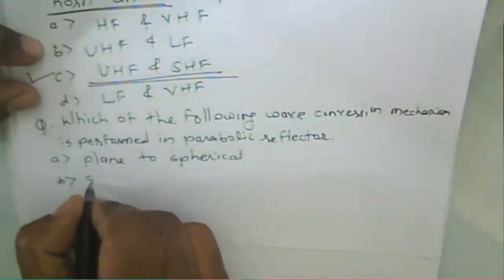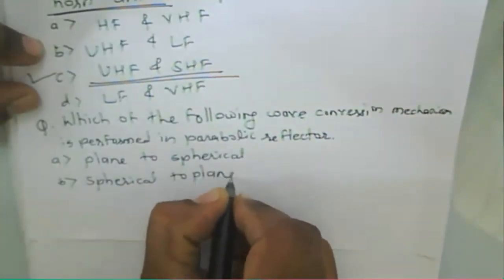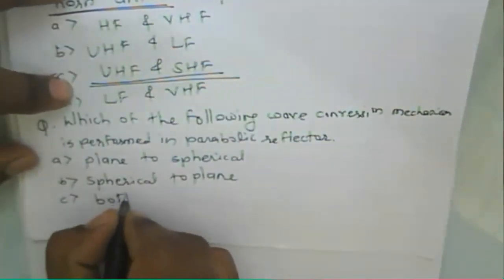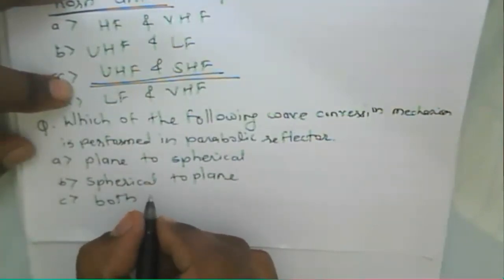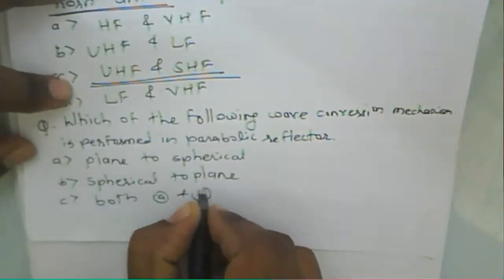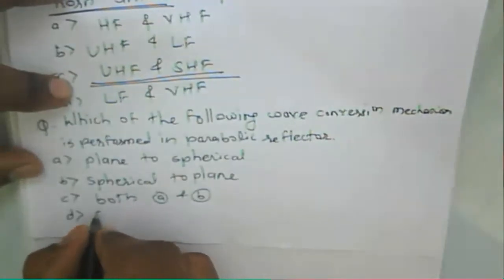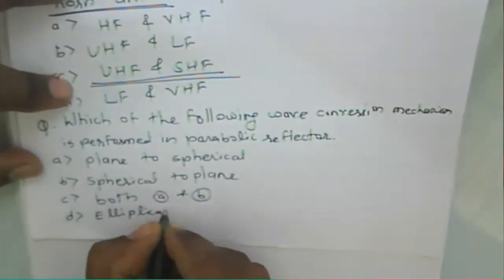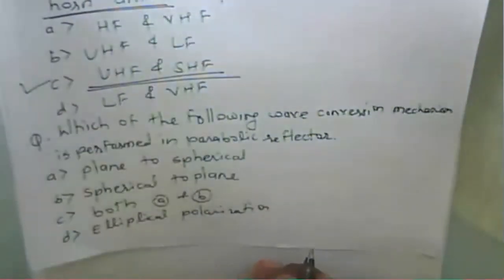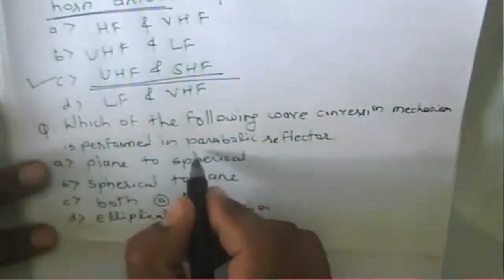A, plane to spherical. B, spherical to plane. C, perform both, meaning plane to spherical and spherical to plane. And D, elliptical polarization.